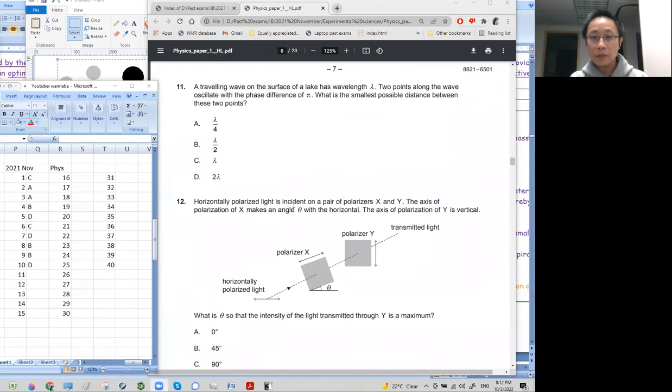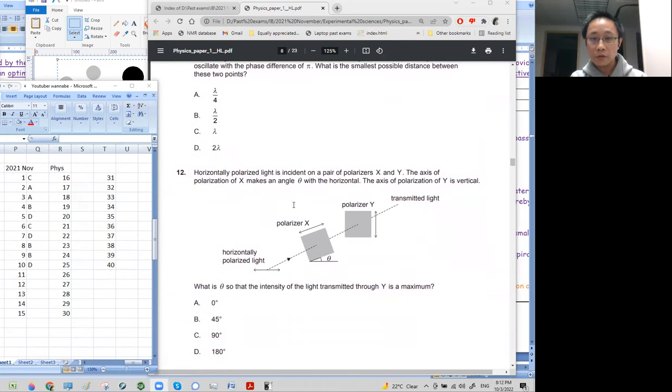Question 12, polarization. Interesting. Horizontally polarized light, so the light's already polarized. The axis of polarization of X makes an angle of theta with the horizontal. The axis of polarization is vertical, so it's just going to be 45 degrees. Why is it 45 degrees?